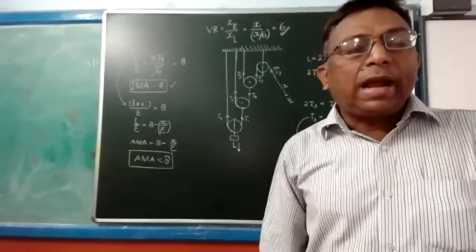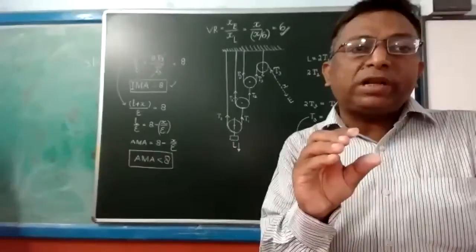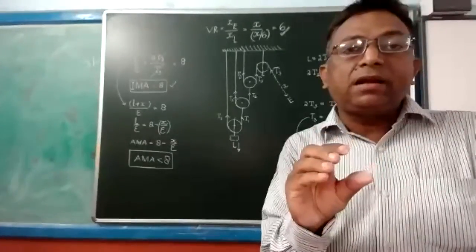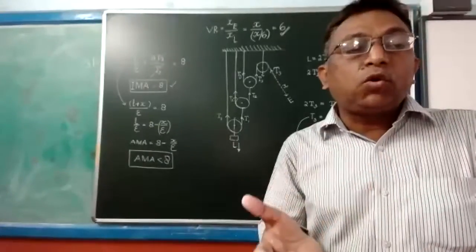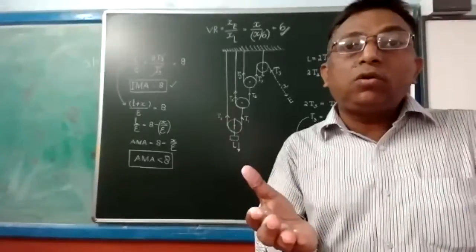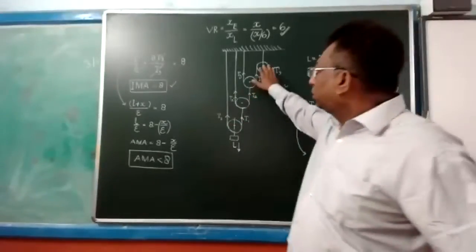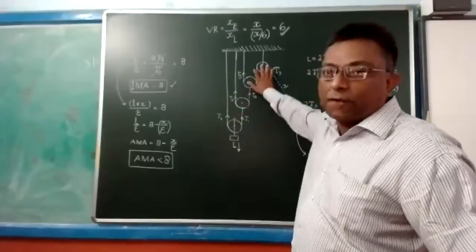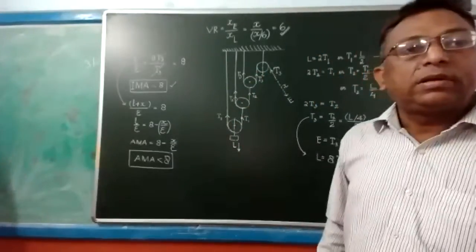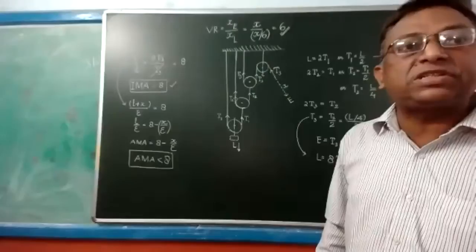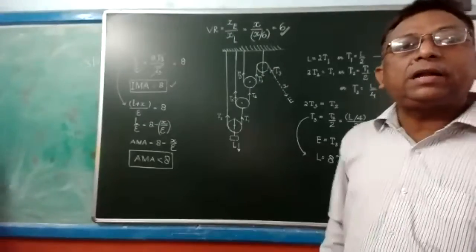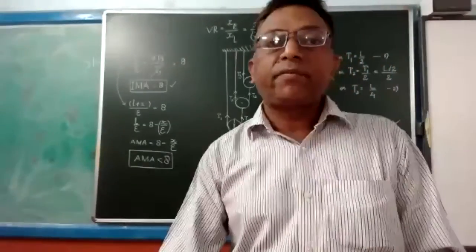And some part of the input energy is also wasted to lift the total weight of this pulley system. That's why it is not 100% efficient. It is less than 100% efficient.